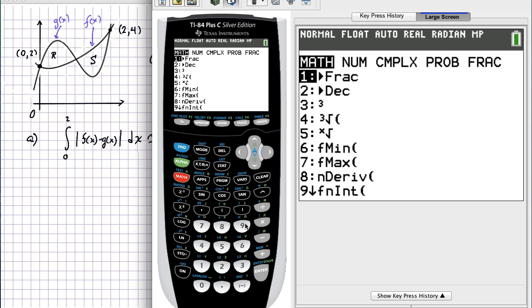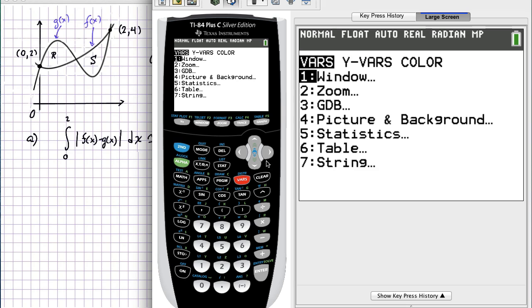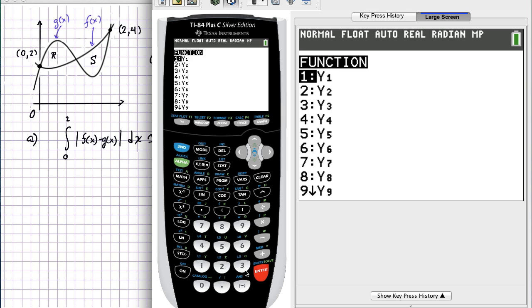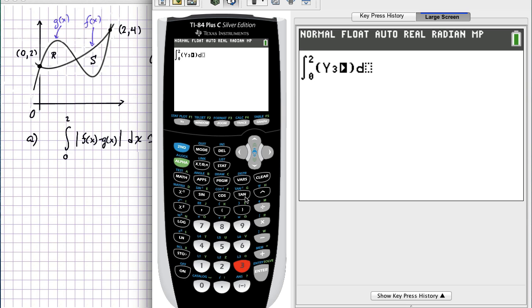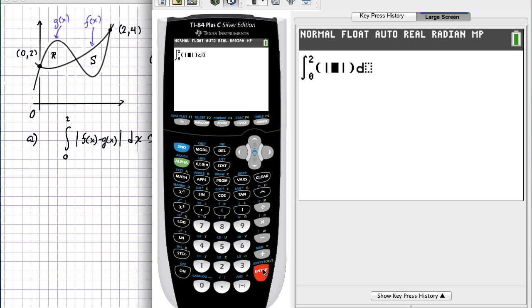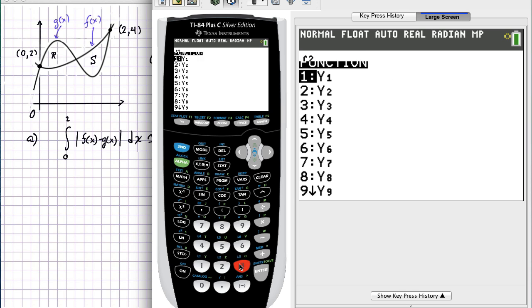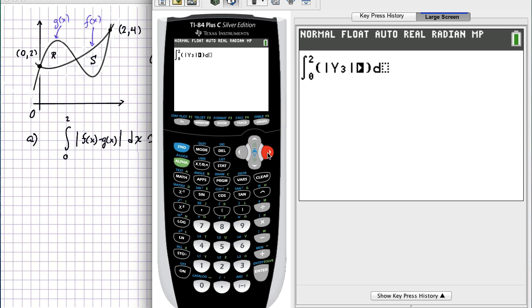So we just need the integral from 0 up to 2. Remember, what I defined to be y3 was the difference of f and g. Oh, I need the absolute value there. Good catch. Absolute value, remember, is easy to find because it's just the first function in the catalog. Let's go back and get that y3, and we're going to integrate with respect to x.